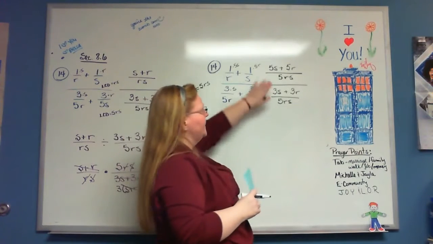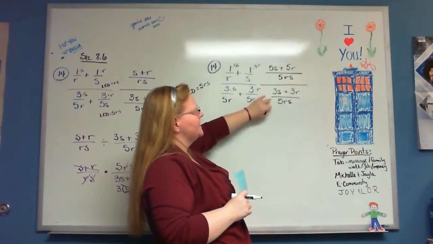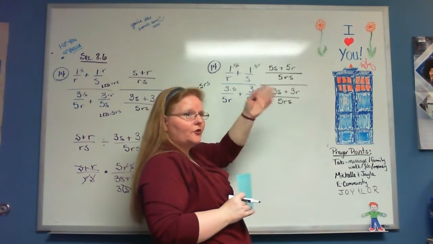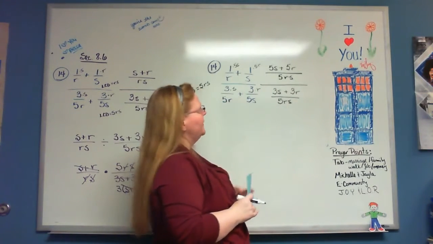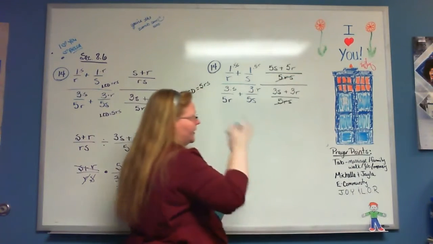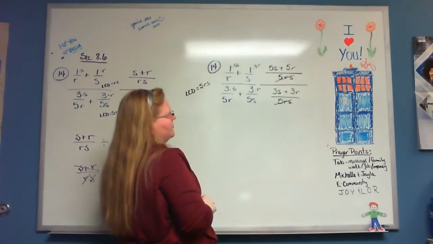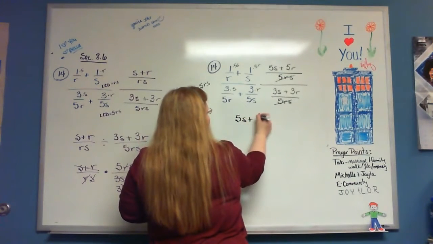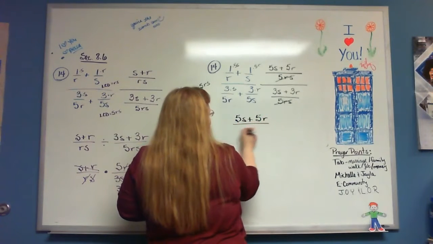Only now that we see that these are exactly the same, that means that when I go through the trouble of flipping it over and multiplying, they're going to cancel each other out. So we don't even show that anymore. It's just gone. Which leaves us with 5S plus 5R over 3S plus 3R.